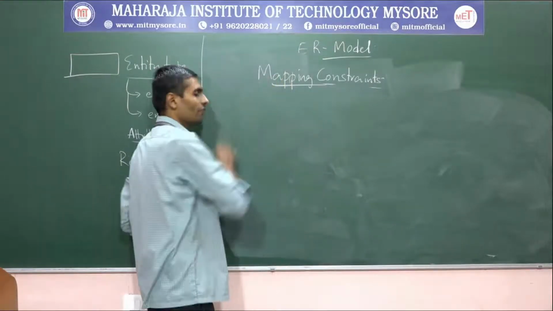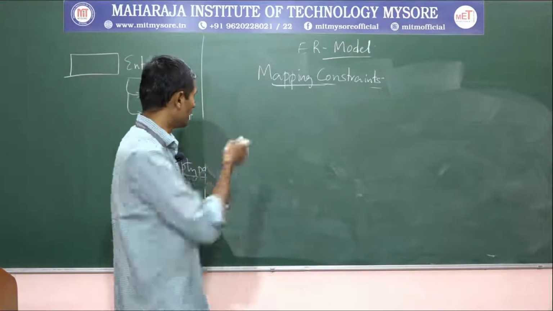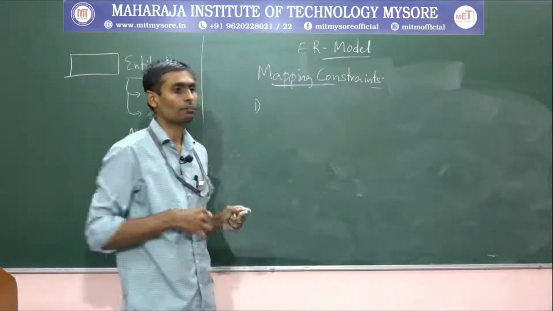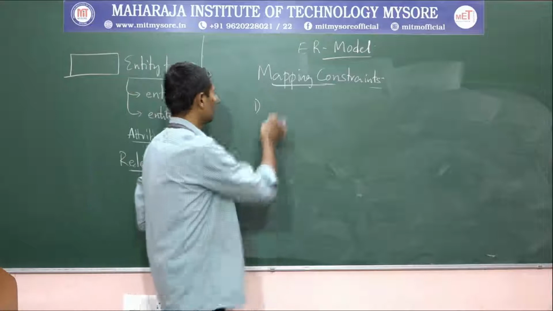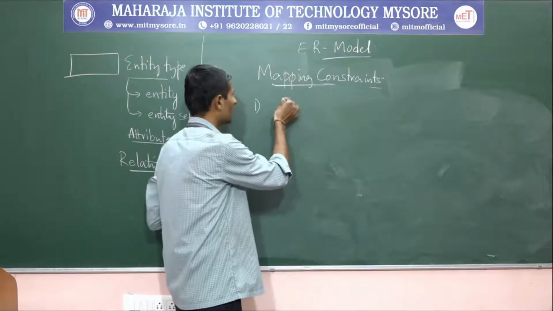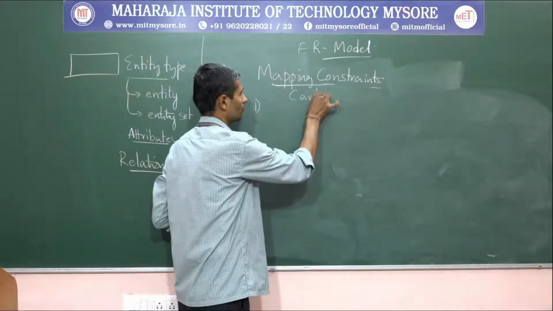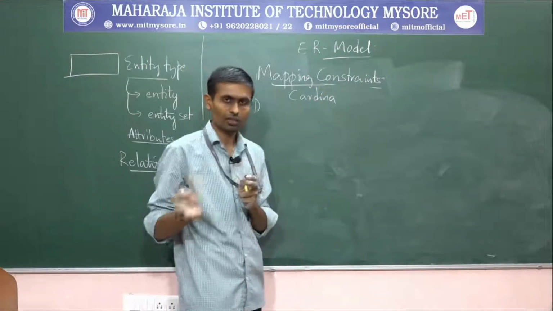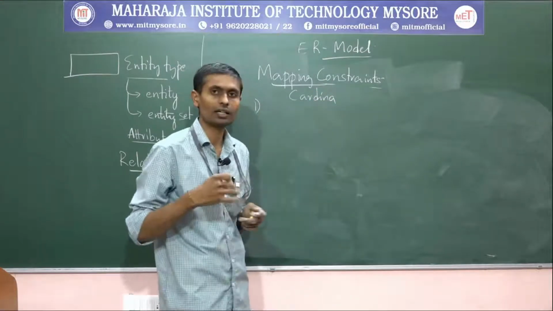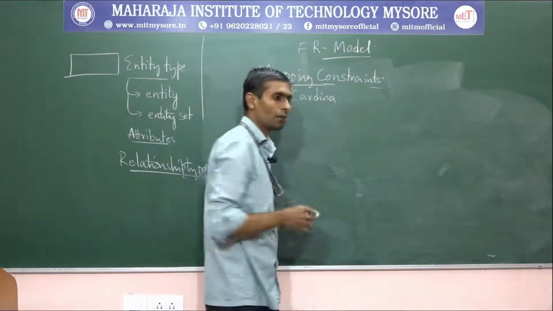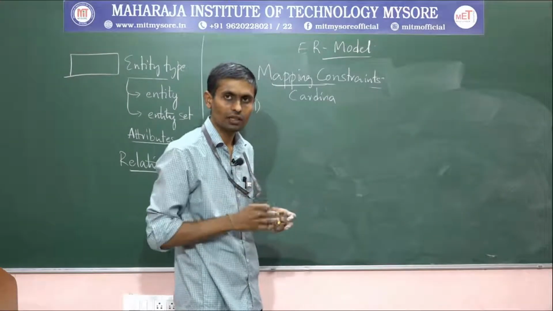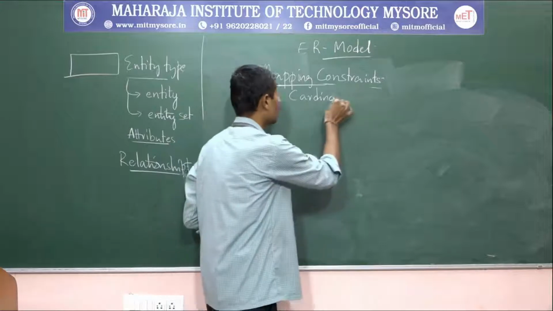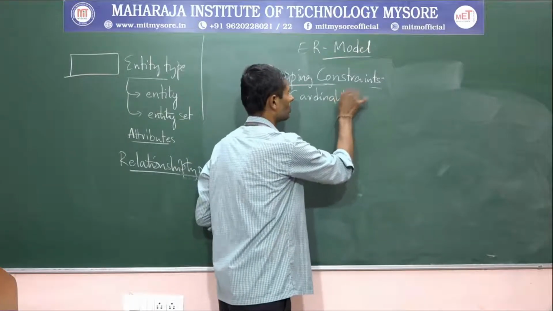Example guys, first we'll try to list out the different types of mapping constraints we are having. This mapping constraint basically contains participation constraint as well as cardinality ratios. In participation constraint we have completed total and partial. Now I am taking cardinality ratios.